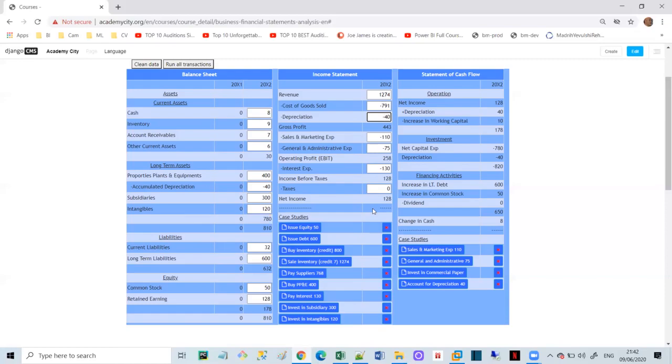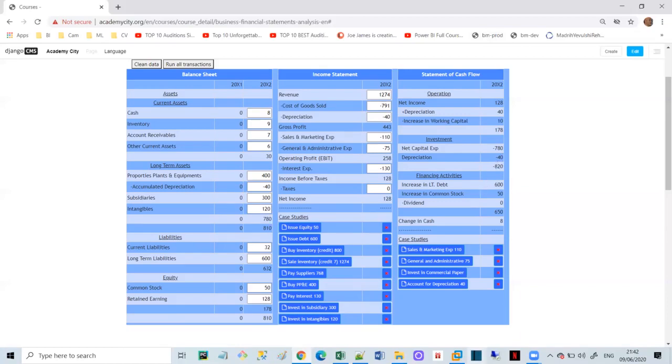The value of my asset went down, I should really account for it. Okay, so I'm reducing the value of my assets, meaning I have less in my equity as well, okay? But no cash has changed. So in the statement of cash flow, I reversed it. And here I have 40 back and I have 40 back here.